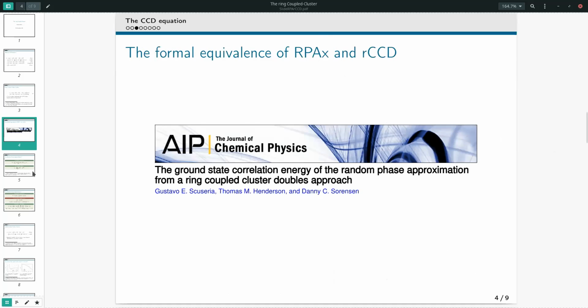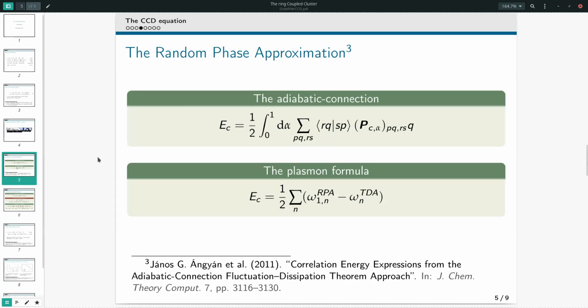So he proved the equivalence in this paper. So what is the RPA? All the notation is from this paper from Angyan. They give all the equations, and it's really clear, and that's why I use their acronyms and their notation.